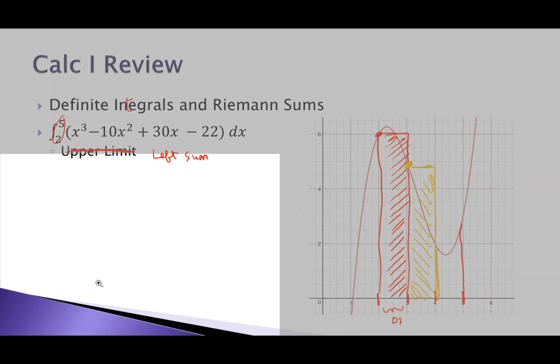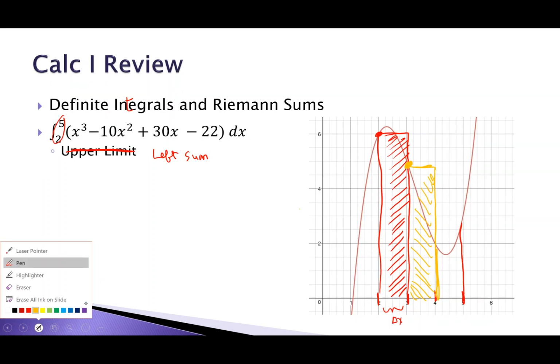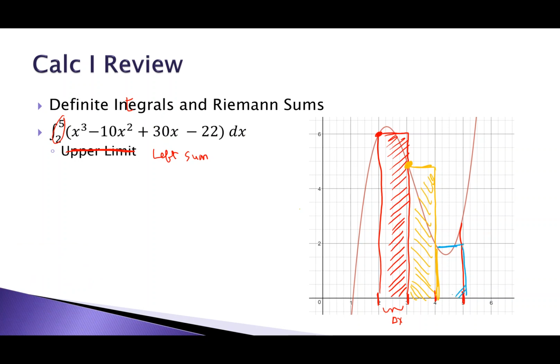And I'll take a third one. So here's a third rectangle, and those are all the rectangles I have right now, because now I'm up to 5. That's delta x, and that's a delta x as well. And I find the area of that rectangle, and the sum of those rectangles is an estimate for the area.